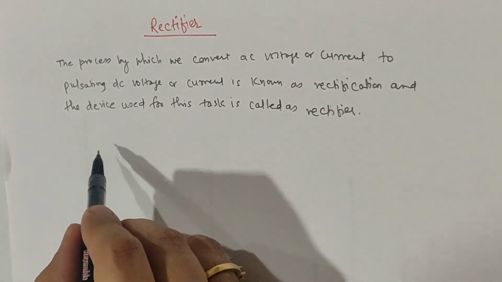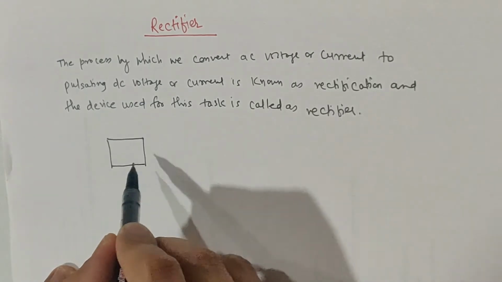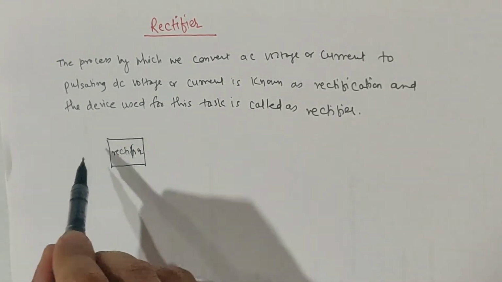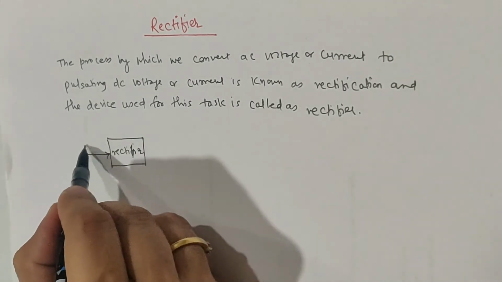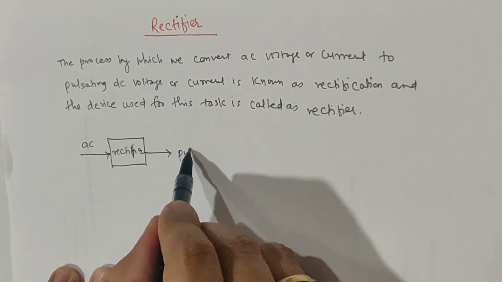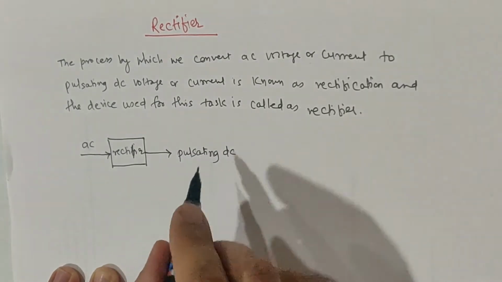So if I want to draw the block diagram of it, it will be a simple thing. Let us say this is the rectifier. The input to the rectifier will be AC, and the output that we will be getting is called pulsating DC. Now what is the meaning of pulsating DC? I will tell you.